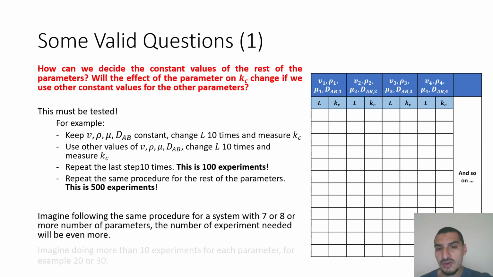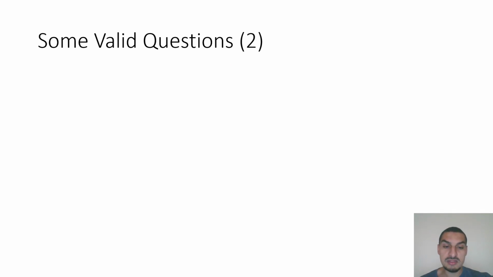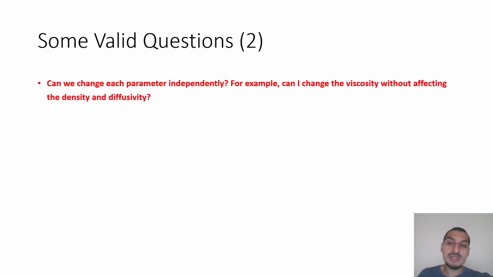We still have other questions that may make this not a valid approach. One question is, we assume that we are gonna change one parameter and keep the others constant. But is this really a possible thing? If for instance I want to change the density, how can I change density without changing the viscosity and the diffusion coefficient?